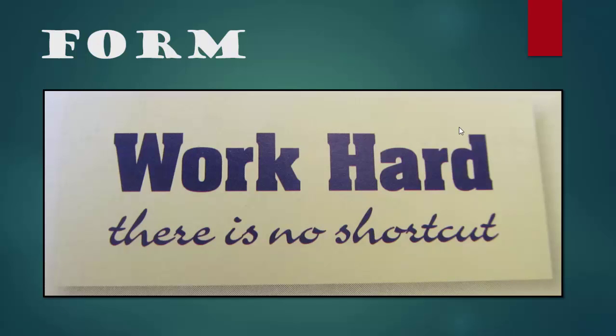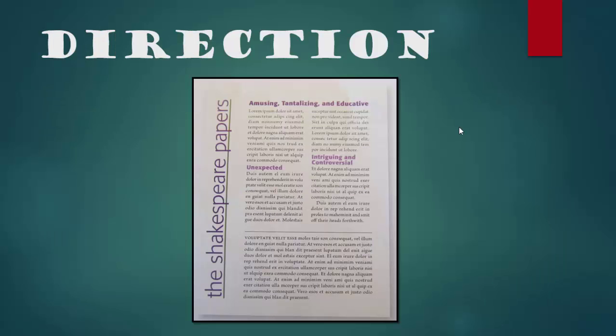All right, our last two are really pretty self-explanatory, just like size. When we talked about the direction of text and the color of text, people pretty much get that. Like when you look at this example with this Shakespeare Papers newsletter, the masthead has been turned on its side and it's running perpendicular to the body text, which is kind of cool.